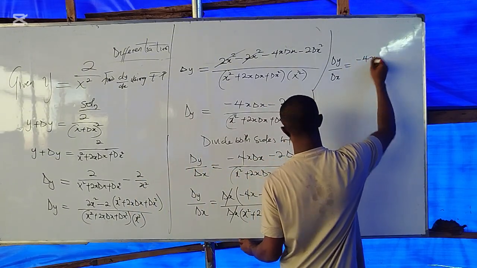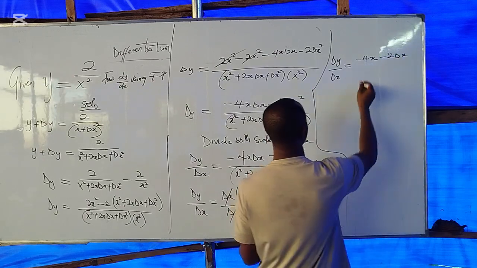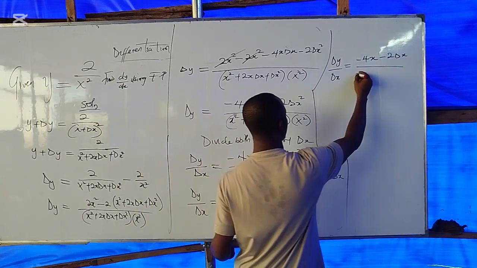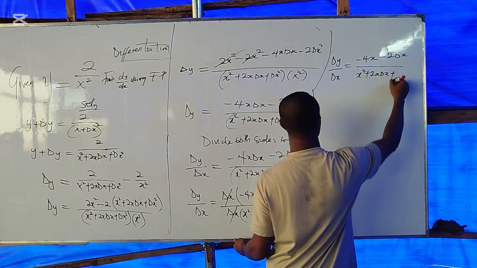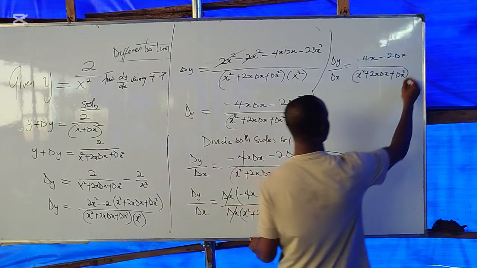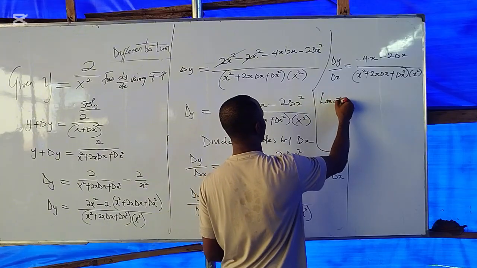Minus 4x, minus 2 delta x, divided by x squared plus 2x delta x plus delta x squared, multiplied by x squared. Then I can take my limit, Abi.